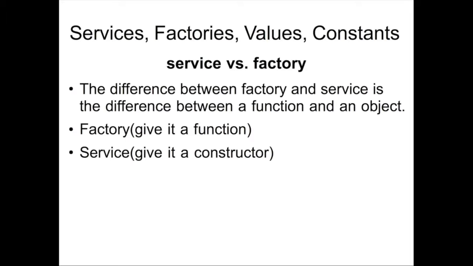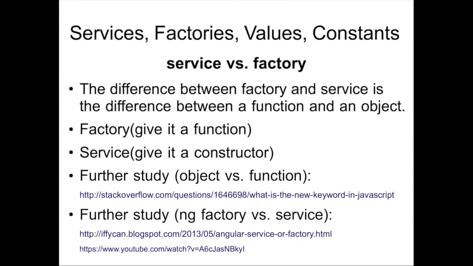Service, you give it a constructor. Further study, some links, because I'm still wrapping my brain around this. I'm not real deep on JavaScript's prototypal inheritance, and I don't see a need to be in the application we're using. However, even though we're using services in many cases, we should just be using factories, unless we're going to take advantage of some of those features, then we can do that.